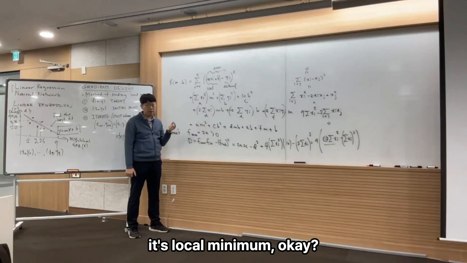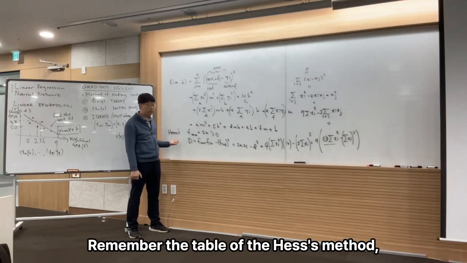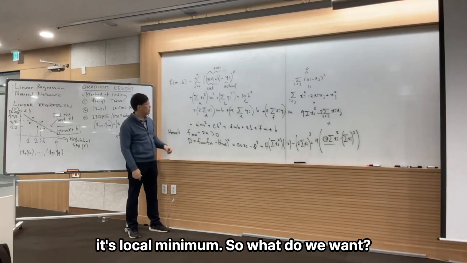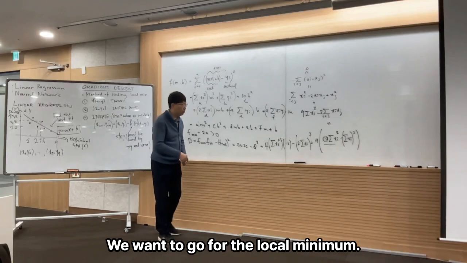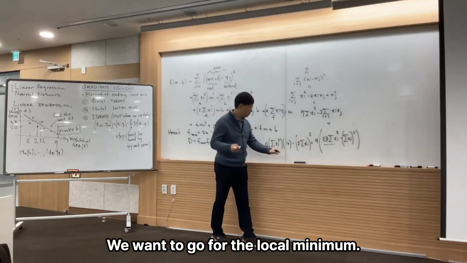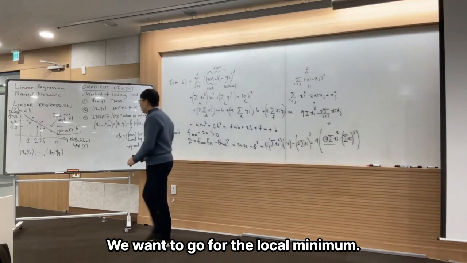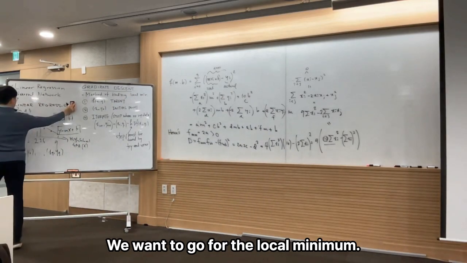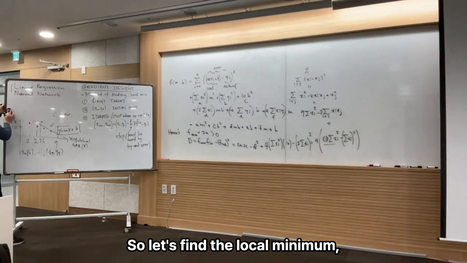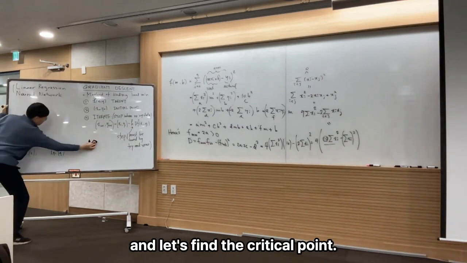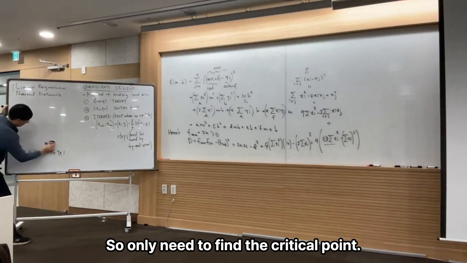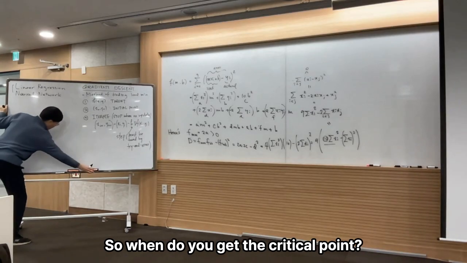Okay? Remember the table of the Hess's method. It's a local minimum. So what do we want? We want to go for the local minimum. So let's find the local minimum. And let's find the critical point. So we only need to find the critical point. So when do you get the critical point?